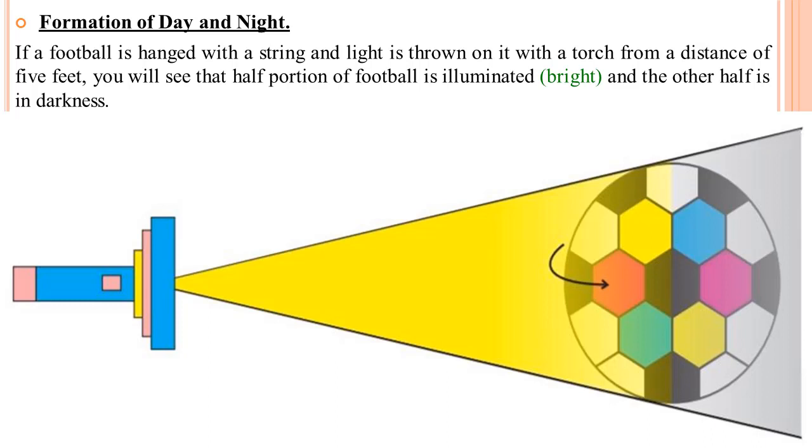Illuminated means bright, and the other half part is in the darkness. As you can see in the given picture, the area where the light of the torch is being thrown is bright, illuminated, and the other part of the football is dim, or you can say the dark part of the football.